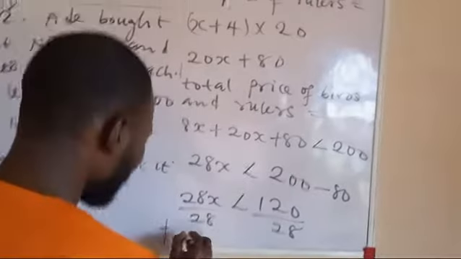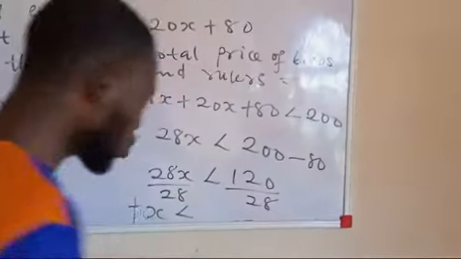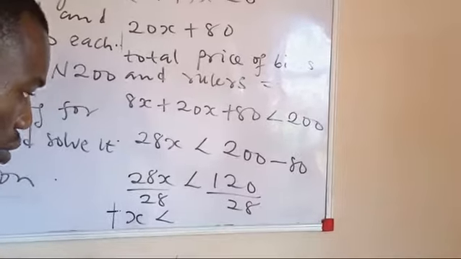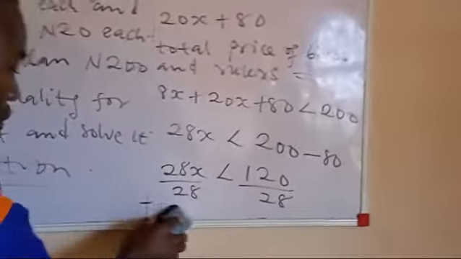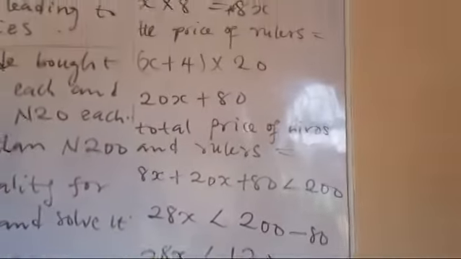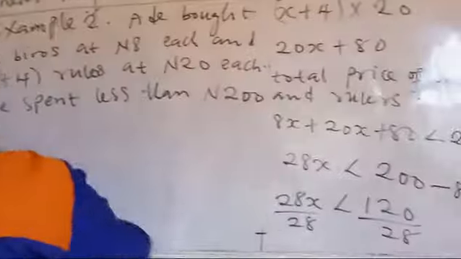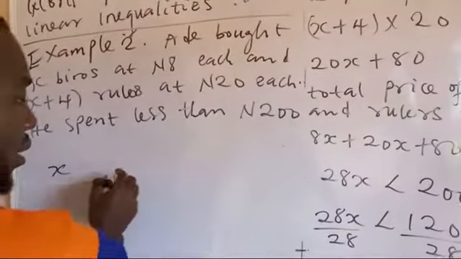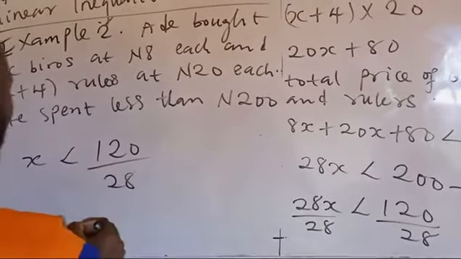So our x will now be less than what? So 120 divided by 28. Let me just clean here so that I will finish it up here. So we have x is less than 120 divided by 28.